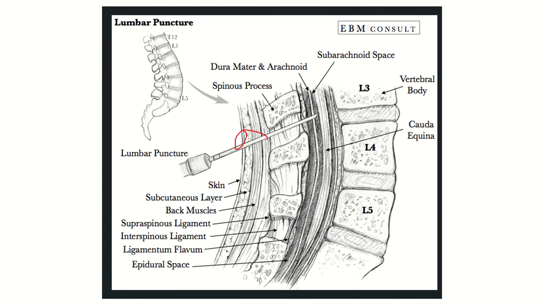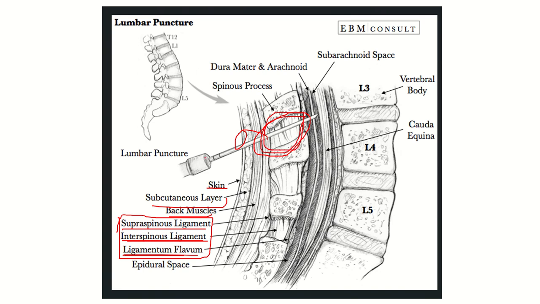So first of all, most outside this is skin, then subcutaneous layer and muscle. Then we can see three important ligaments: the supraspinous ligament, then the interspinous ligament, then ligamentum flavum. These three important ligaments are located from here to here, and they protect the spinal cord.